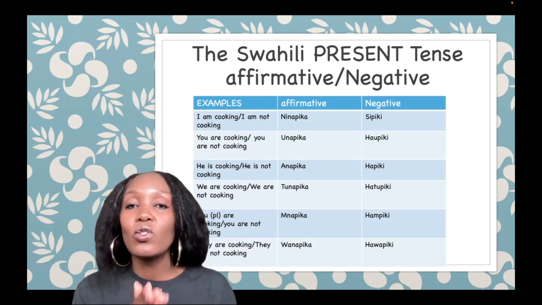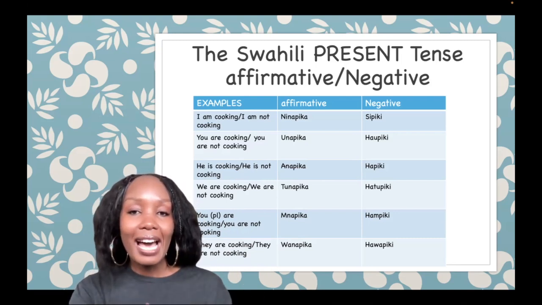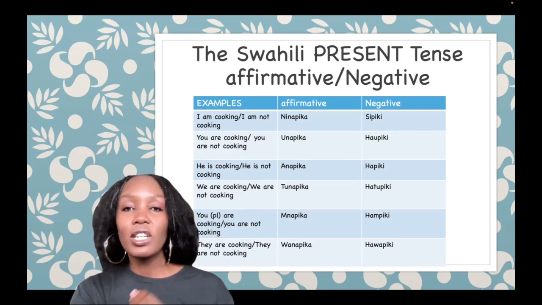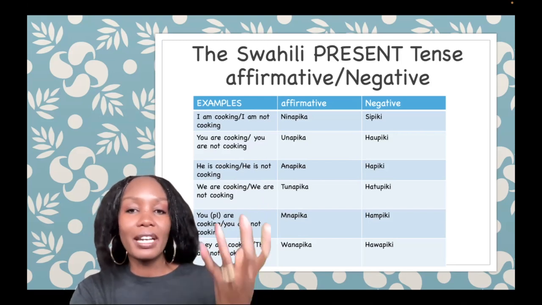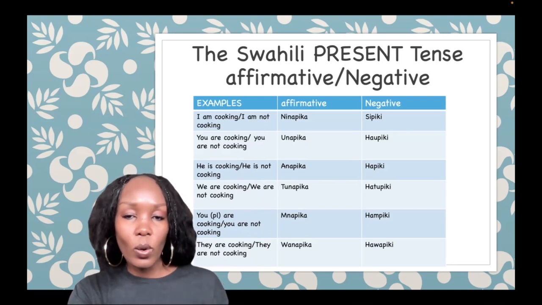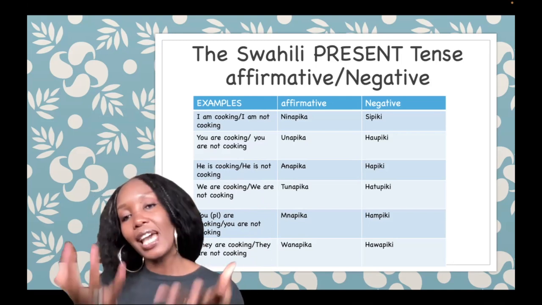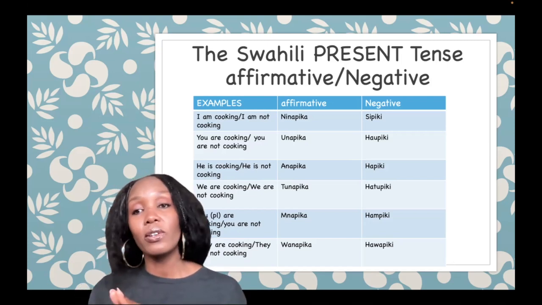So in this case, remember, you're working with ni, u, a, tu, m, wa in the affirmative, and then simply change that verb to whatever you want. You could say ninapika, ninasoma, unasoma, anasoma, tunasoma, mnasoma, and wanasoma. The word for read is soma. As you can see, I simply changed those verbs around, and the pattern still remains the same.